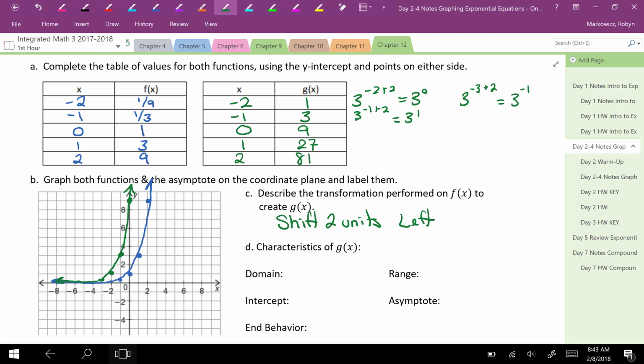All right, so let's figure out the characteristics of g of x. Which one is g of x, my blue or my green? Green. So what is the domain of all exponential functions? All real numbers, -infinity to infinity. What is the range?